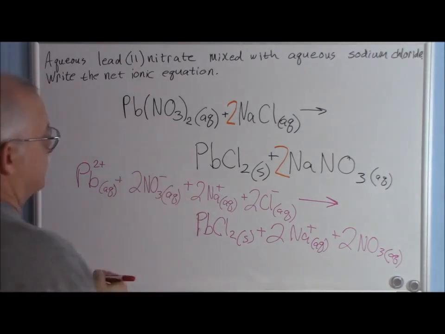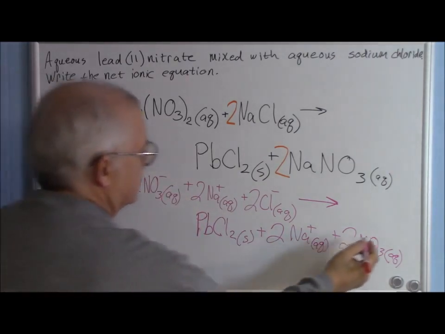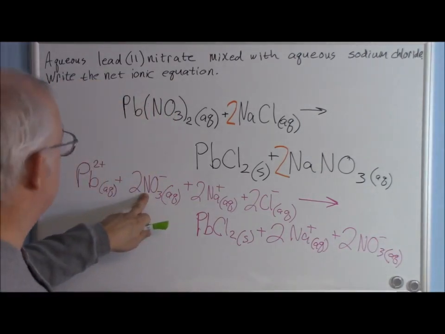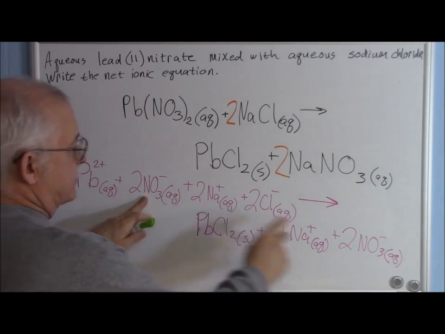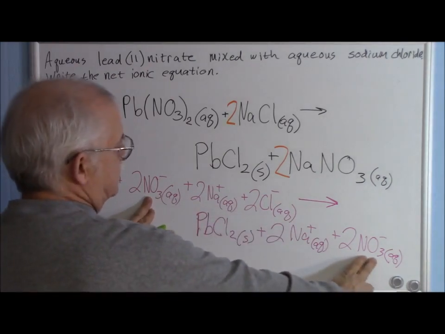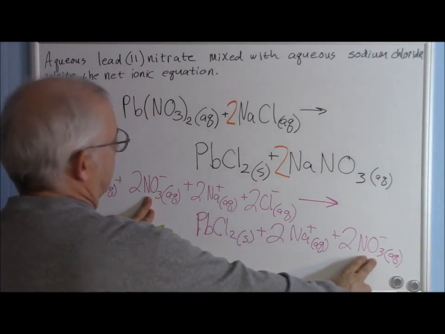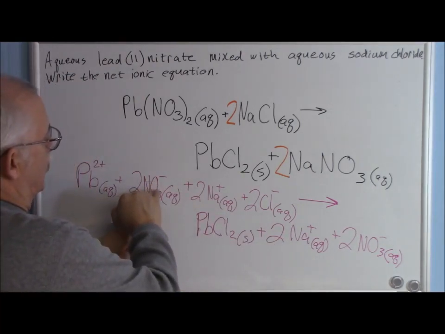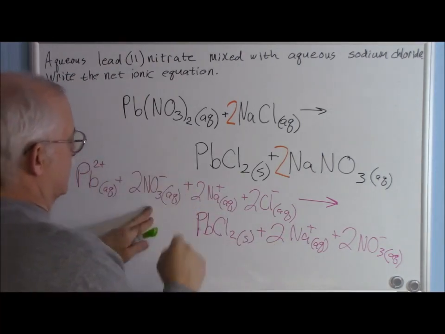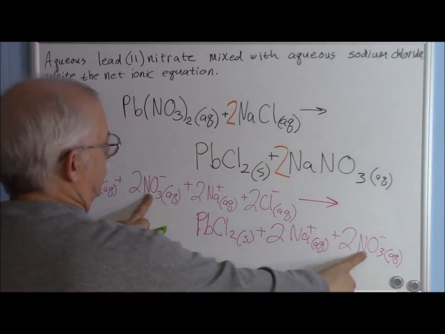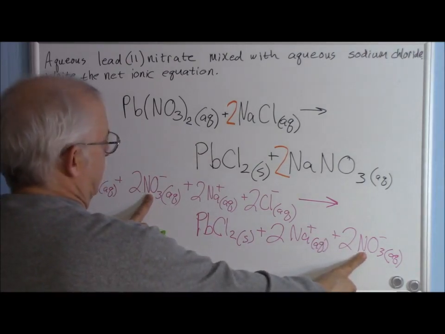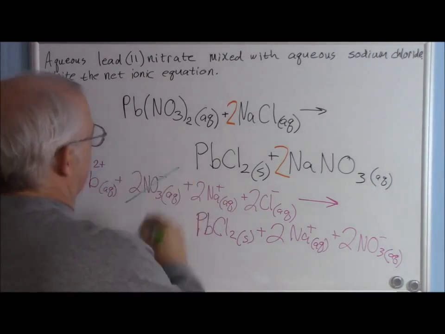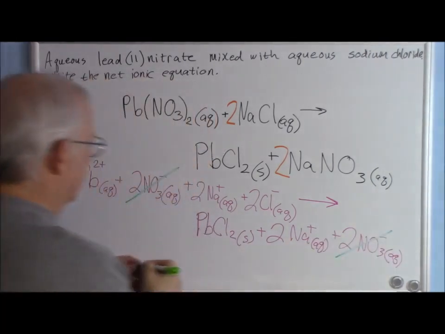That should actually have a negative charge there and there. 2 nitrate ions, polyatomic ions on the left, and 2 nitrate polyatomic ions on the right. Polyatomic ions simply means the N, O, and the 3 together make up a single ion. So those are on the left and on the right. So I will call that a spectator ion, and I'll cross it off.